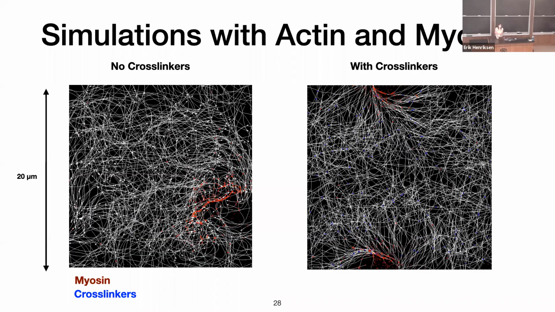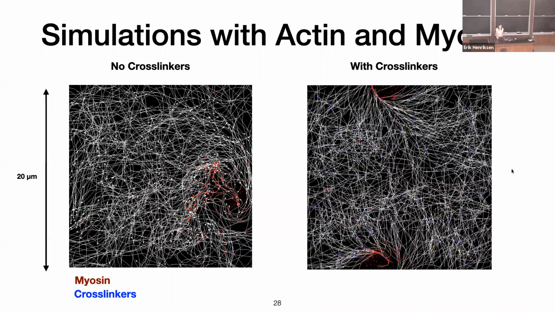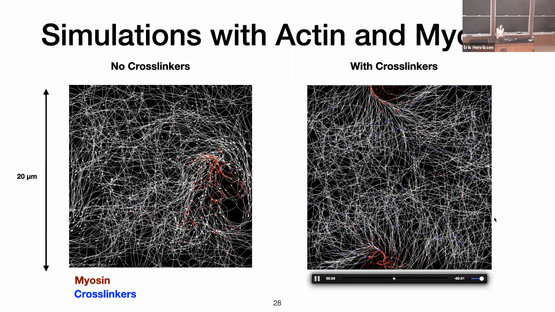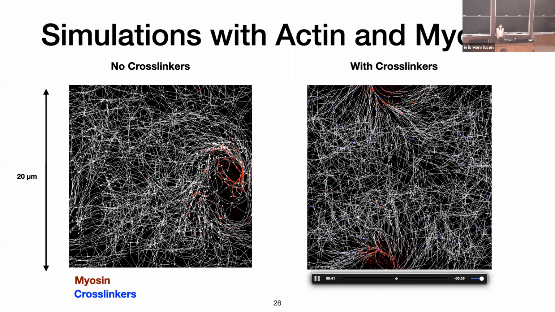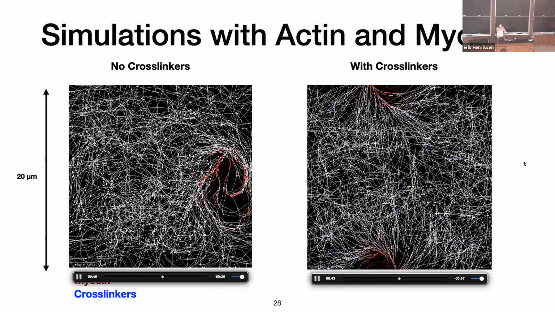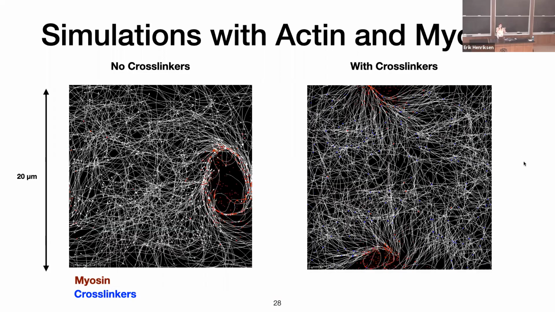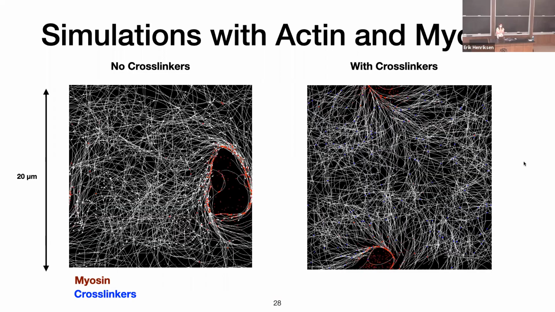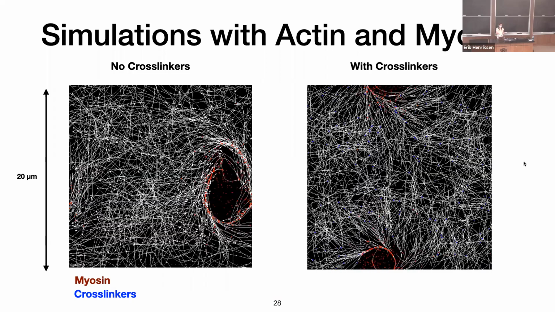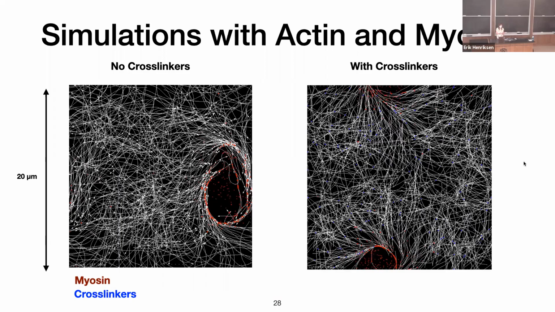I haven't done a lot of simulations with the cross-linkers yet, but biologically speaking, the cortical meshwork looks like a cross-linked isotropic network. So there's going to be cross-linkers in there. We know that biologically.